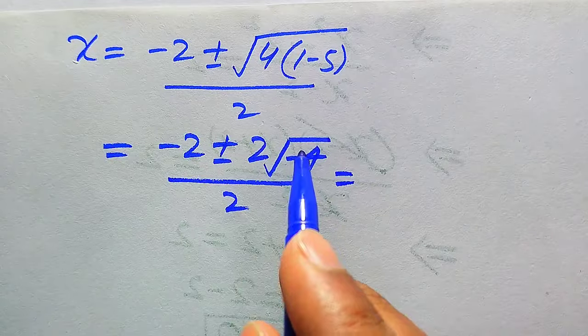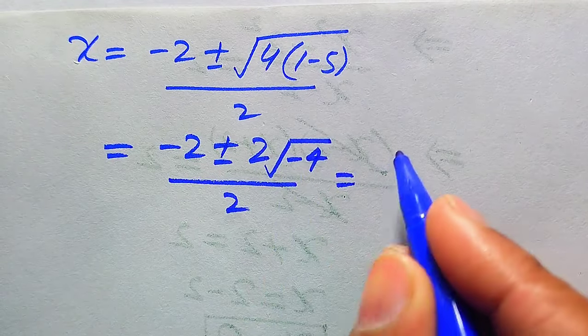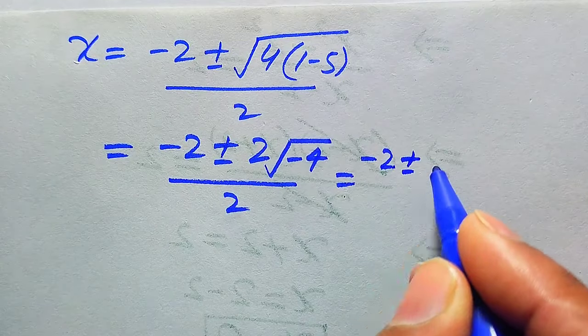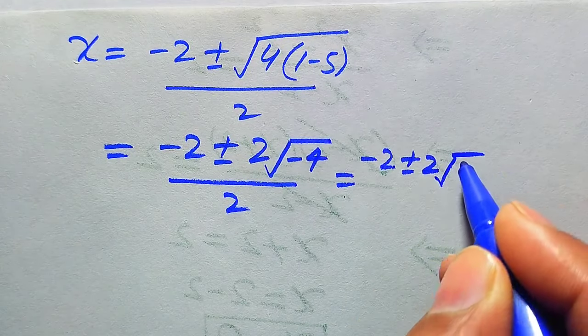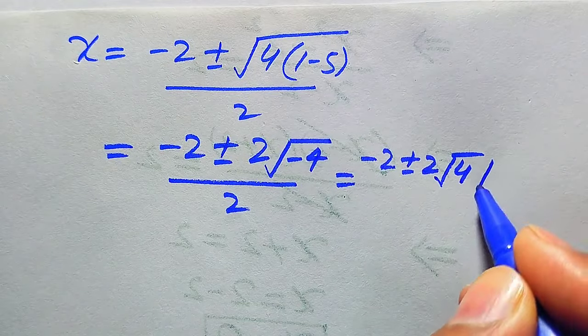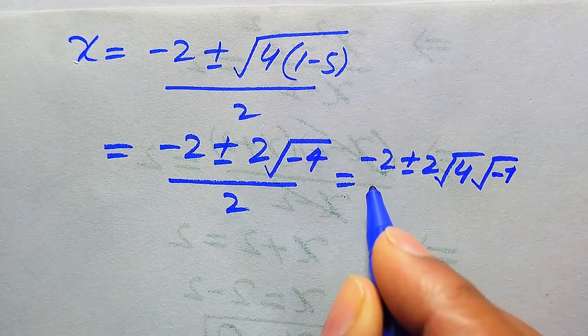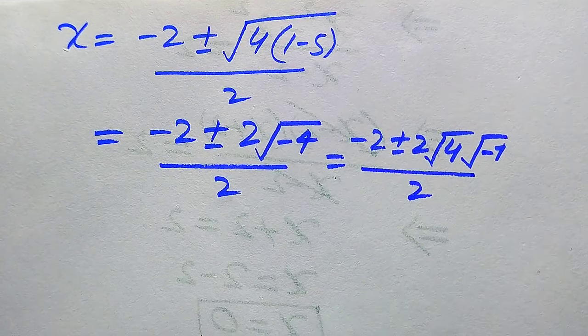Here we need to apply the square root on the negative term and 4 separately, so it is written as minus 2 plus minus 2 times square root of 4 into square root of minus 1, divided by 2.